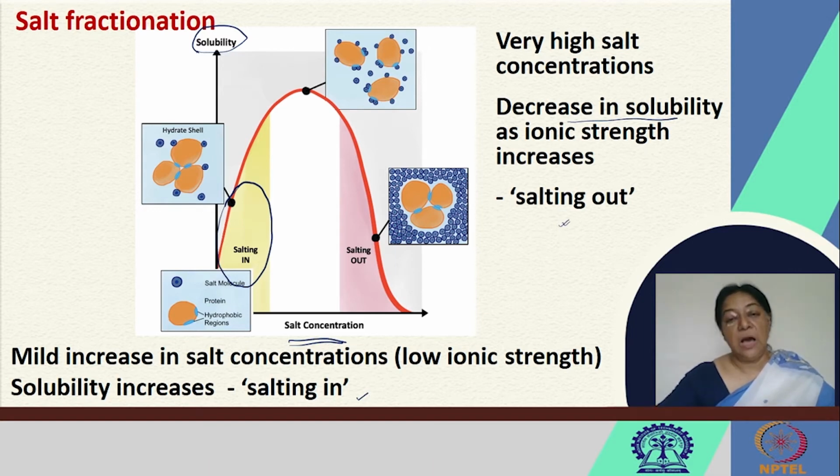Now, this salting out means that we can have a precipitation of our protein because of the increase in ionic strength. The increase in ionic strength results in this disruption, and we have the precipitation of our protein because the additional salt molecules that we have in here will be preferably dissolving in water. We will see what that means in a moment, but we have an optimum salt concentration where we will have the highest solubility.